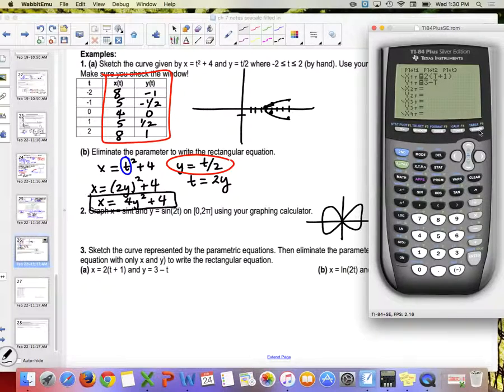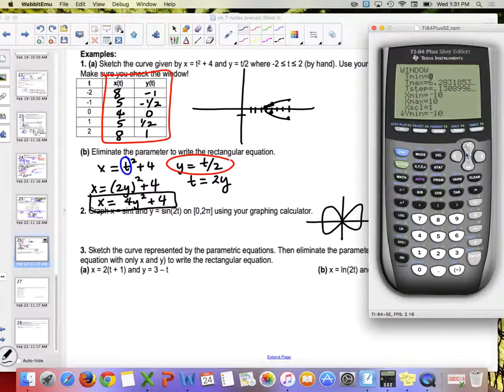All right, so let's go through everything. So hit your window. So on this one, let's say I want from -10 to 10. And then your t-step should be like 0.1 or 0.13. Maybe the best thing for us to do is just do zoom standard. So hit the zoom button and then do Z6, just like the normal.